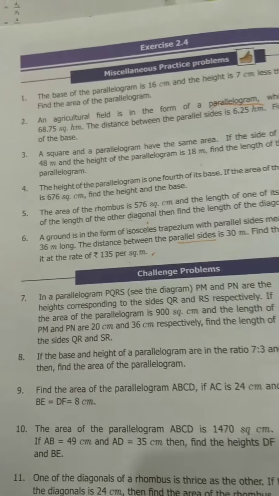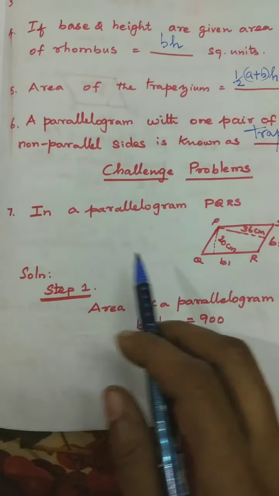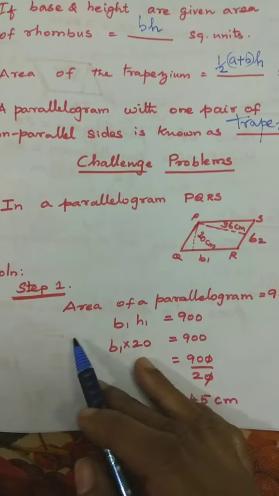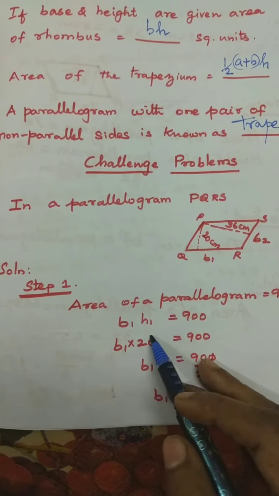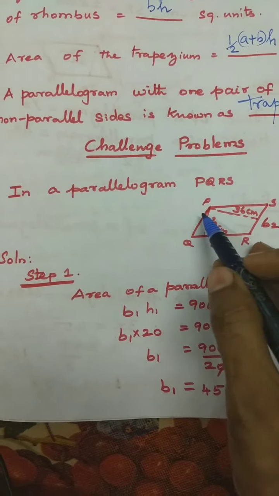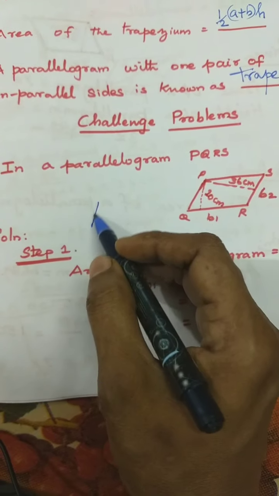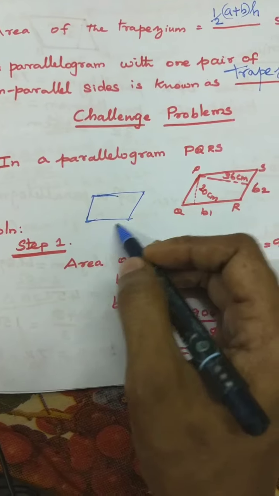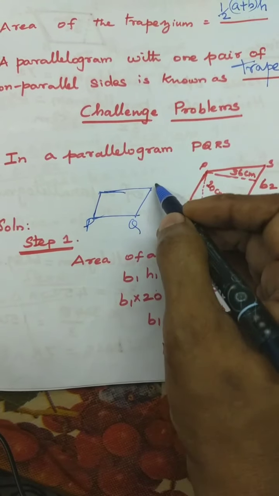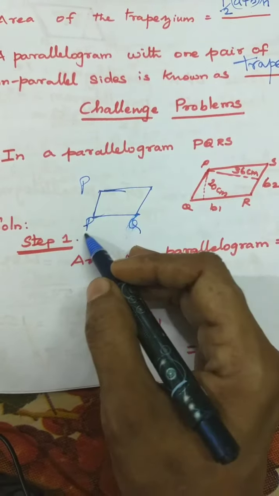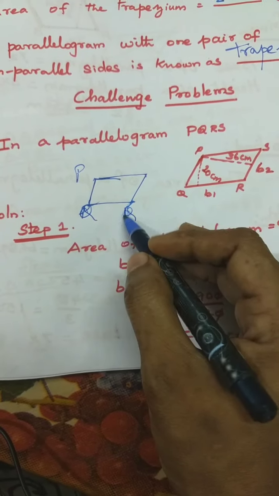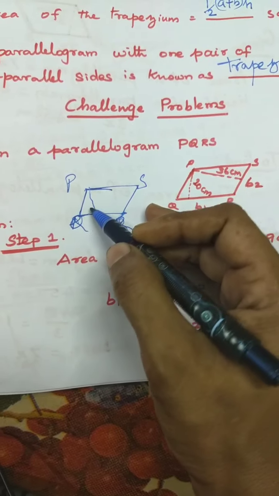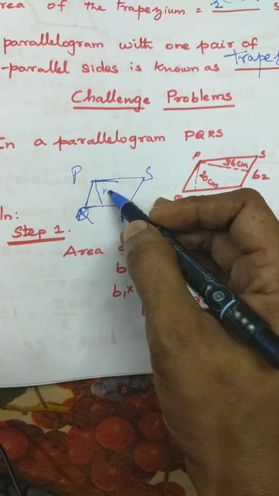Okay. You shall see the problem and draw the diagram. First we shall see B1, H1. For this we take P, Q, R, S. One parallelogram I have drawn. Here I will take this as H1.